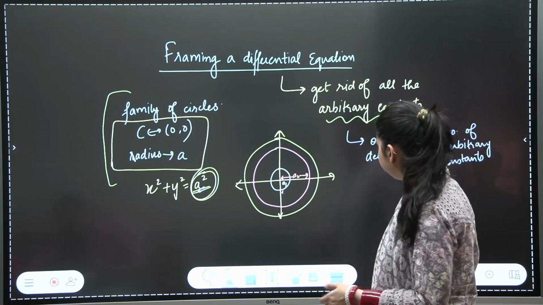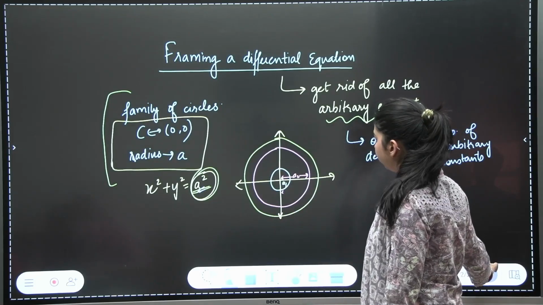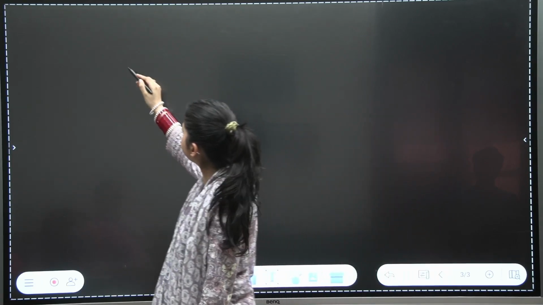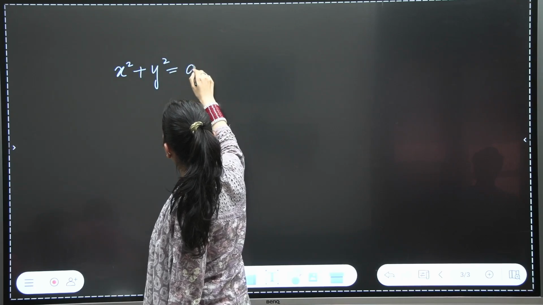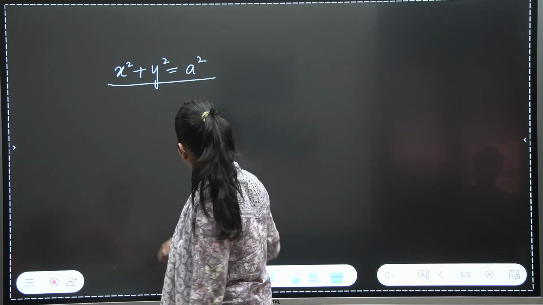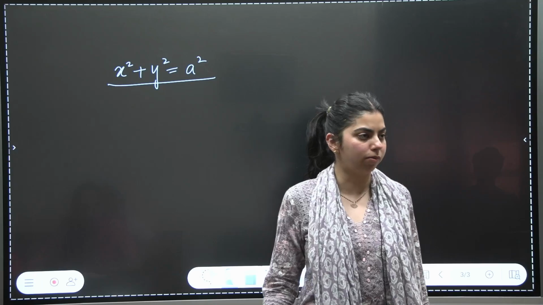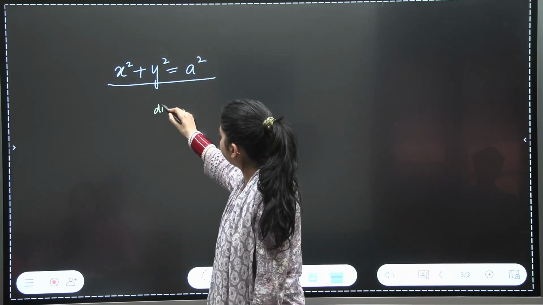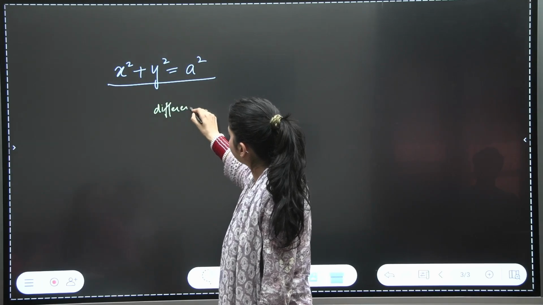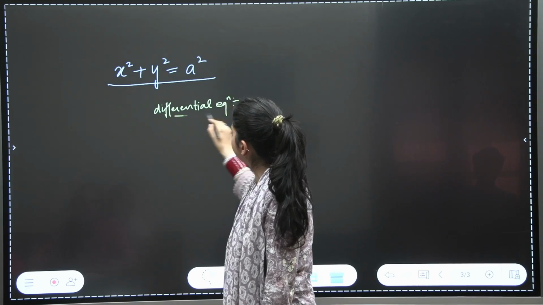So for example, if I just work on the same example, I want a differential equation that represents all of these circles. I'll just solve one question for you so you understand what I'm trying to say here. How do I get the differential equation? I'll differentiate my equation.